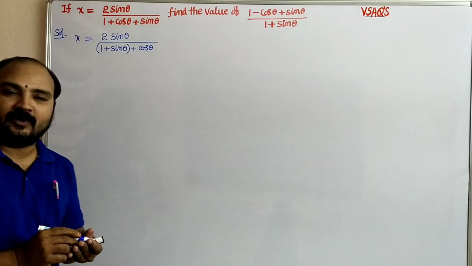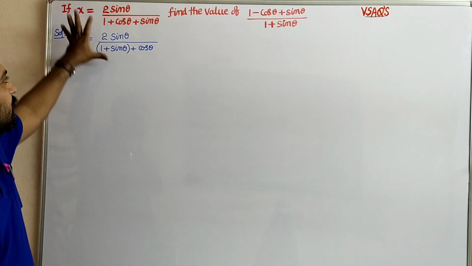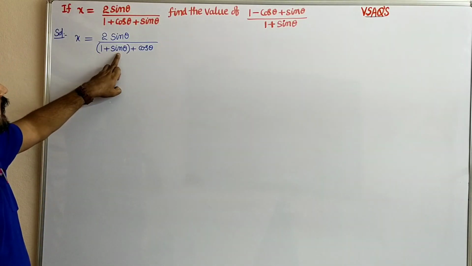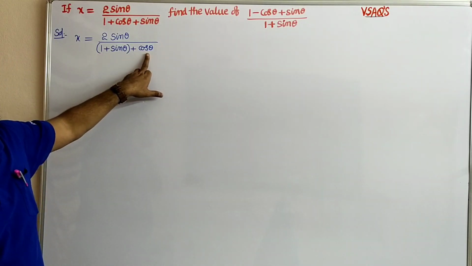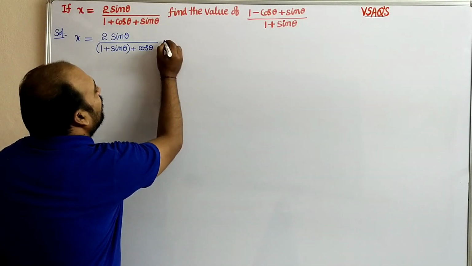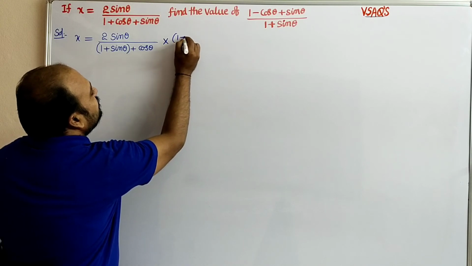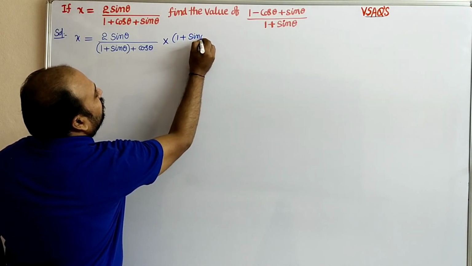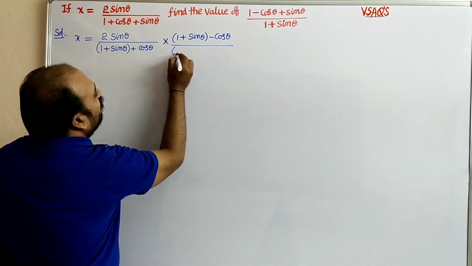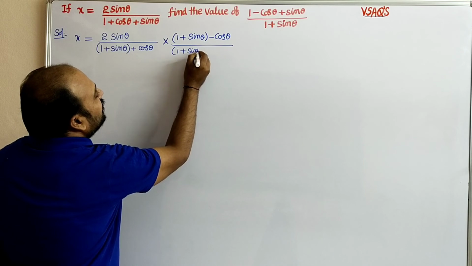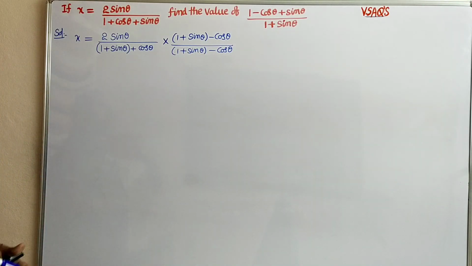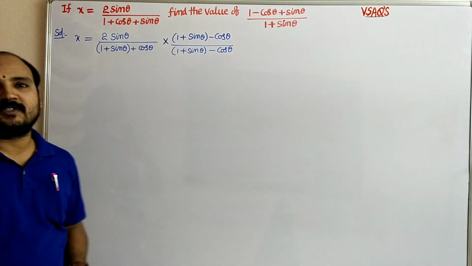In the next step, what we are going to do is, this is the given value x, multiplying and dividing by 1 plus sin theta minus cos theta. So multiplying and dividing by 1 plus sin theta minus cos theta, divided by 1 plus sin theta minus cos theta.